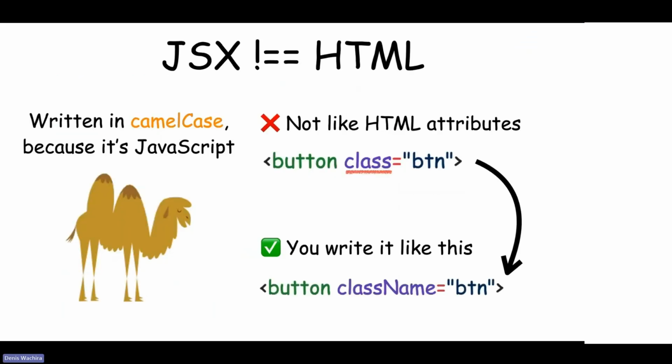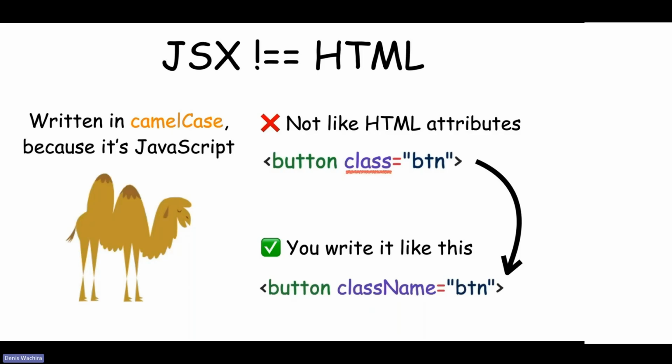One thing to understand, or to put a key on, is JSX is not HTML. JSX is written in camel case because it's JavaScript, or TSX, TypeScript. It's not like HTML attributes, things like how we give a button a class of btn or button. But in JSX, we use camel case.